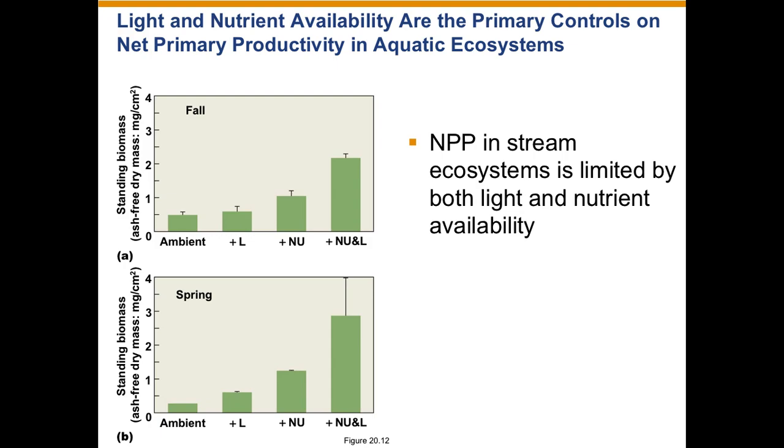Ambient conditions, so control. Say, the same experiment but with additional light added. Here, the same experiment but with additional nutrients added. So light remains the same, but we've just added nutrients. Here, nutrients remain the same, we've just added light. And here we've added both.